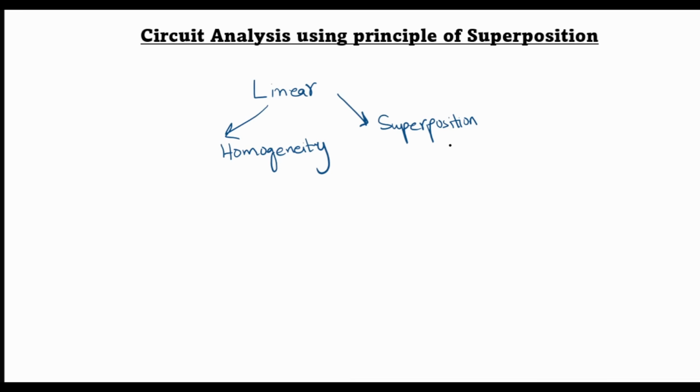So just keep in mind that the principle of superposition, which we'll see here, doesn't apply to all circuits and networks that we see. This principle is only applicable when the system is linear.